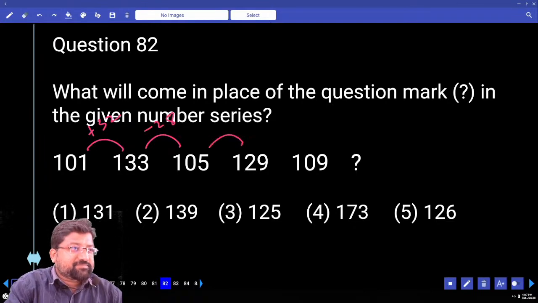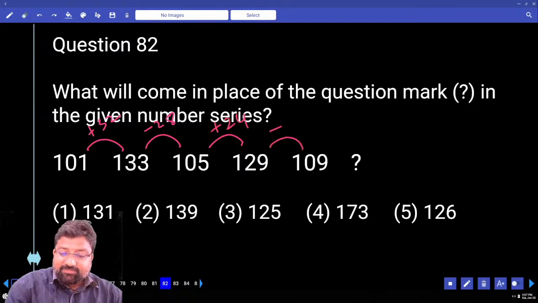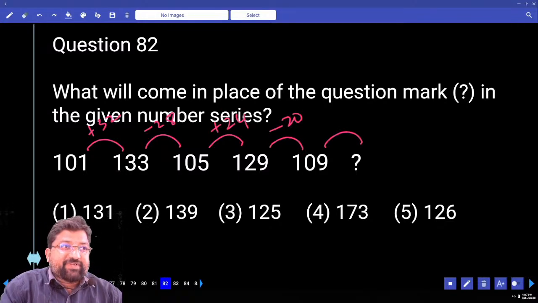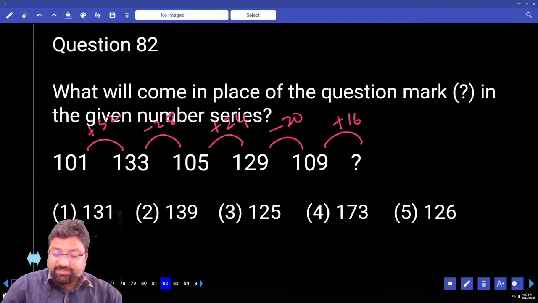Plus 24. Minus 20. Look at this: 32, 28, 24, 20. Difference is 4. Plus or minus? Plus. How much? 16. What is plus 16? 125. Do I have 125 in the options?